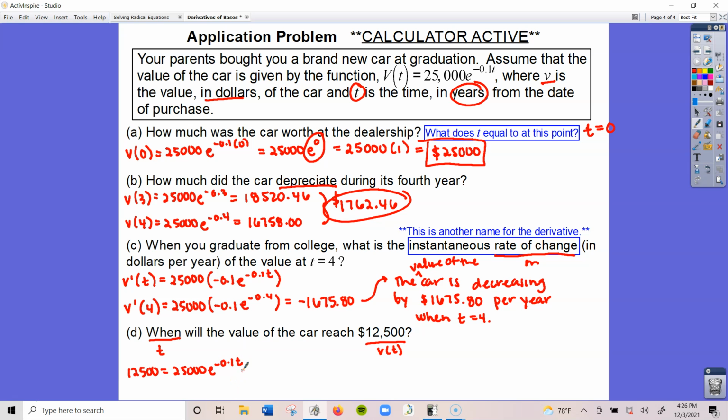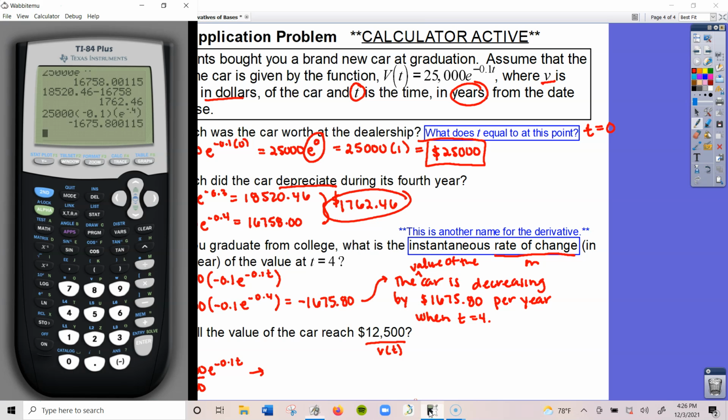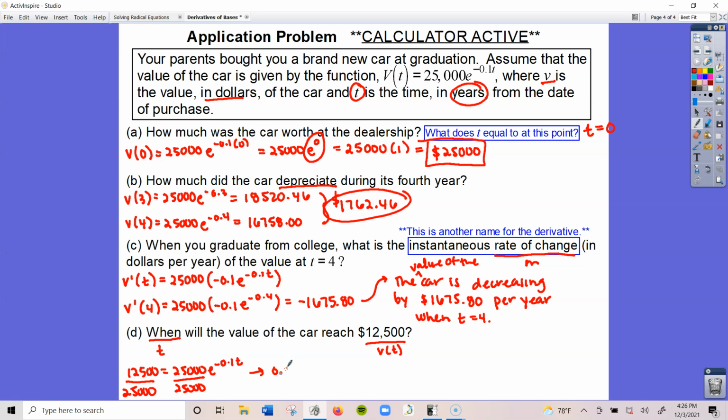So we need to solve for t somehow. But I have this coefficient, so what I can do first is divide by 25,000. So I'm going to go to my calculator. I have 12,500 divided by 25,000, and I get 0.5. And that equals e raised to the negative 0.1t.